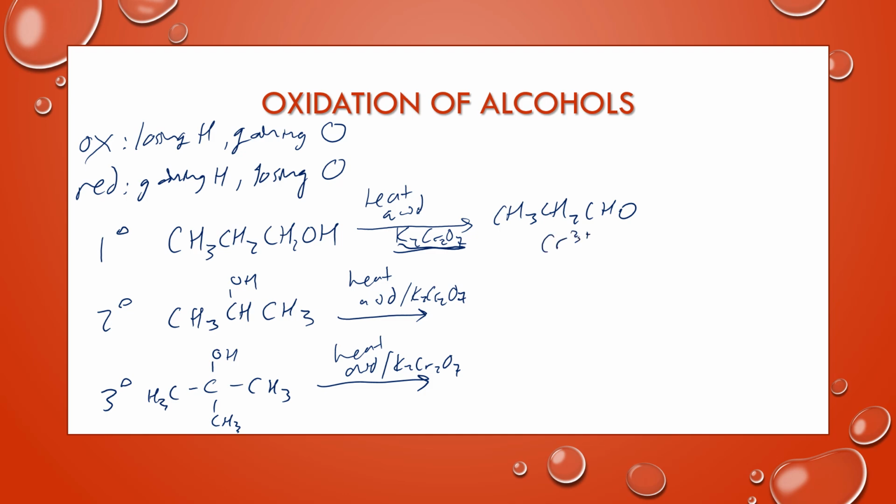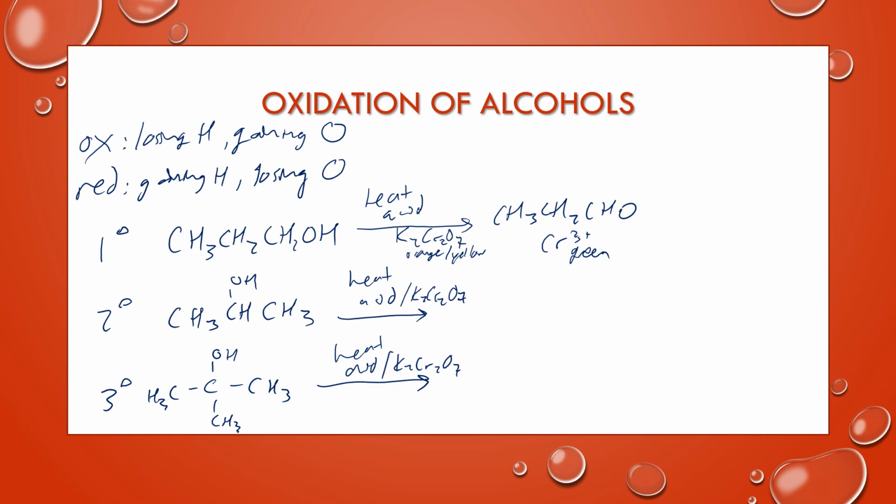You'll also have some potassium ions floating around. But the cool thing about this is that the potassium dichromate is an orange or yellow color, whereas the Cr3+ is a green color. So you can clearly see with a color change whether the reaction was successful or not.